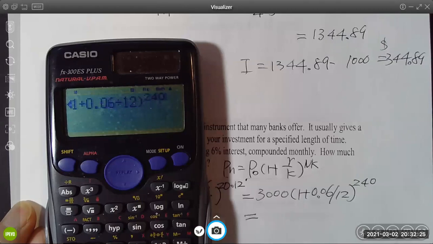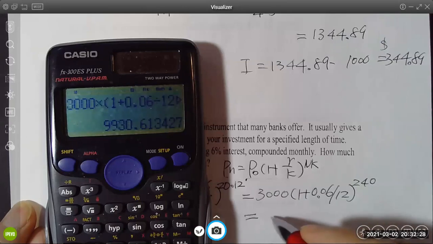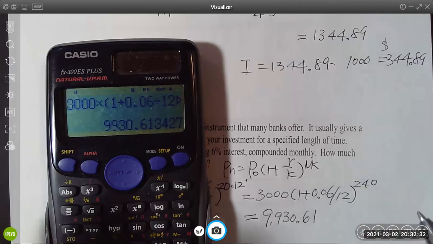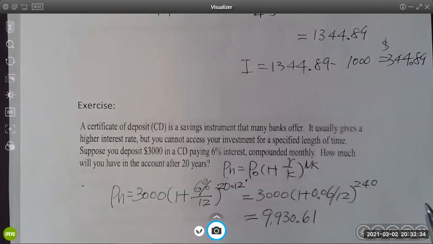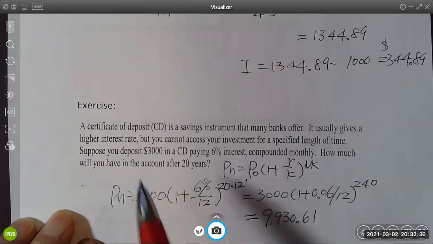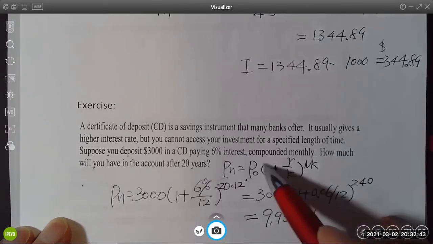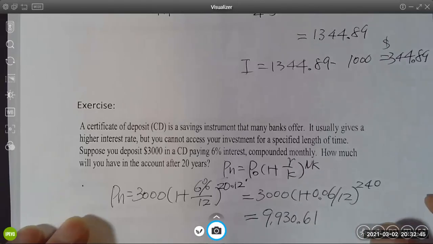Yeah, looks good. So we got $9,930.61. So that's the answer to the question, the future value. $3,000 becomes almost 10,000 after 20 years, given these terms in this account.